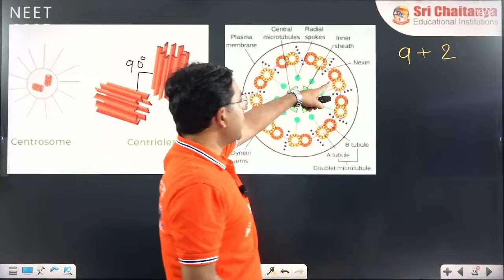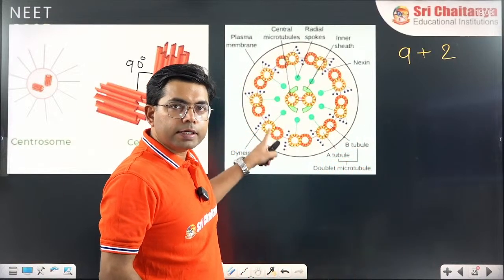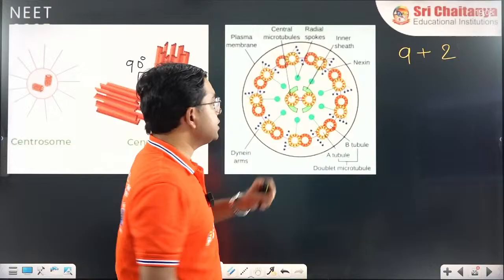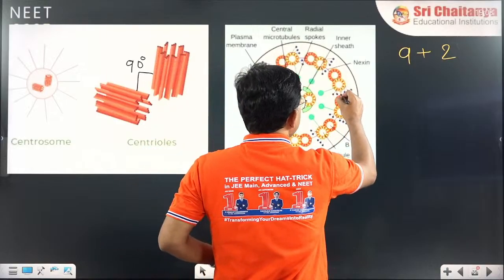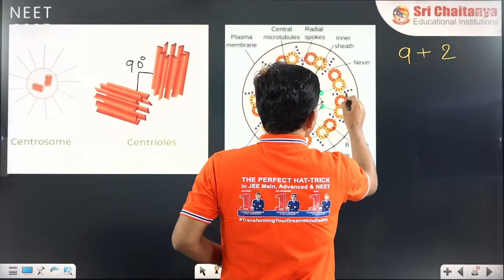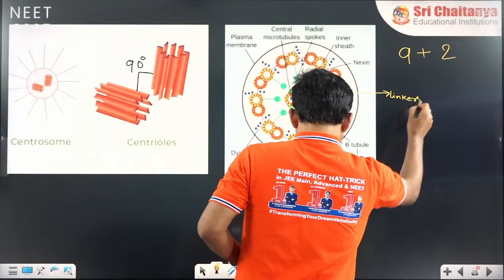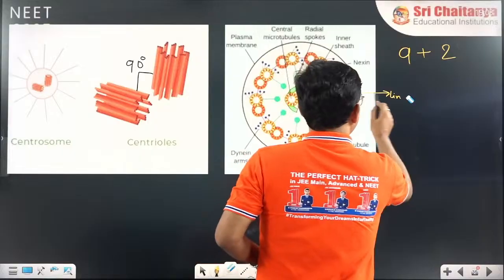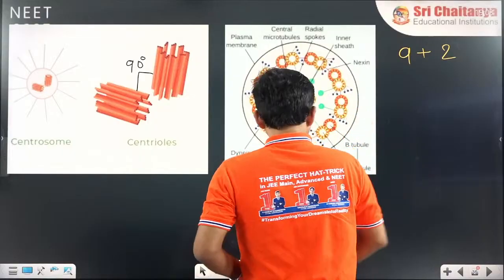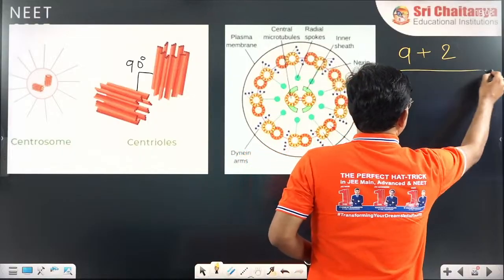So let's see here, this we have already discussed, that there is this 9+2 arrangement where 9 doublets are there, right? These doublets are connected by linkers. Let me summarize this point, and you all can write it down.